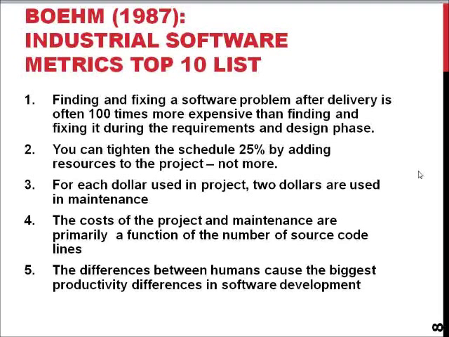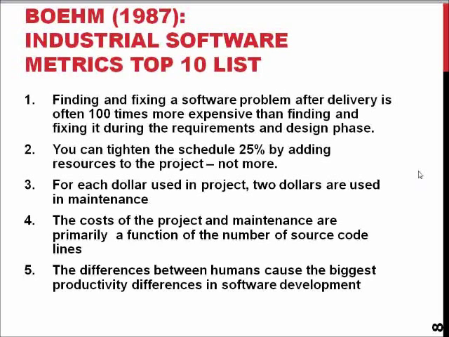The other point is that even if you have infinite resources, you only can tighten your schedule by 25%. So early releases and these sort of things are possible, but they are costly, and you have to have some sort of a game plan here.